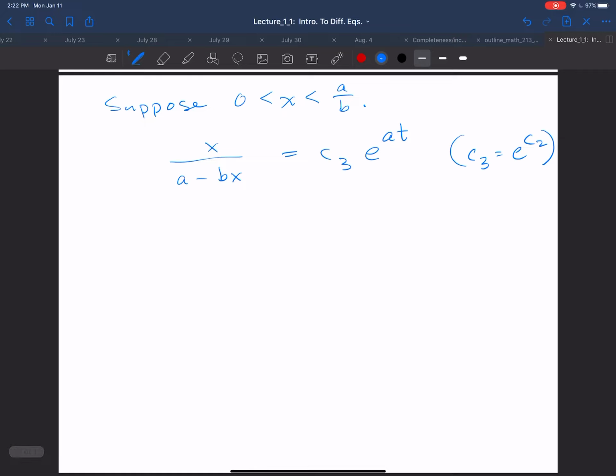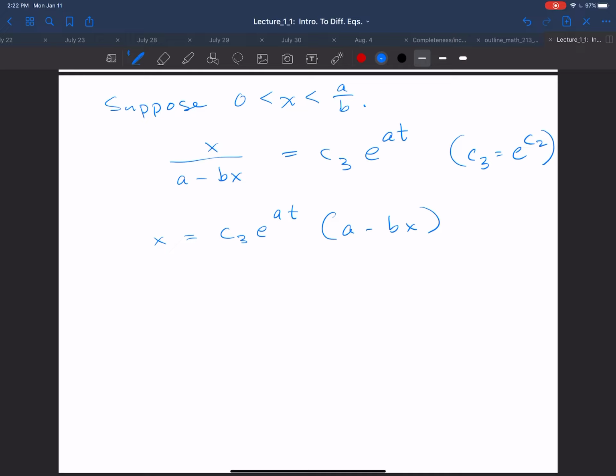Okay. So in other words, this still isn't a very nice solution for x. We can rewrite this as x equals c3 e to the at times a minus bx.